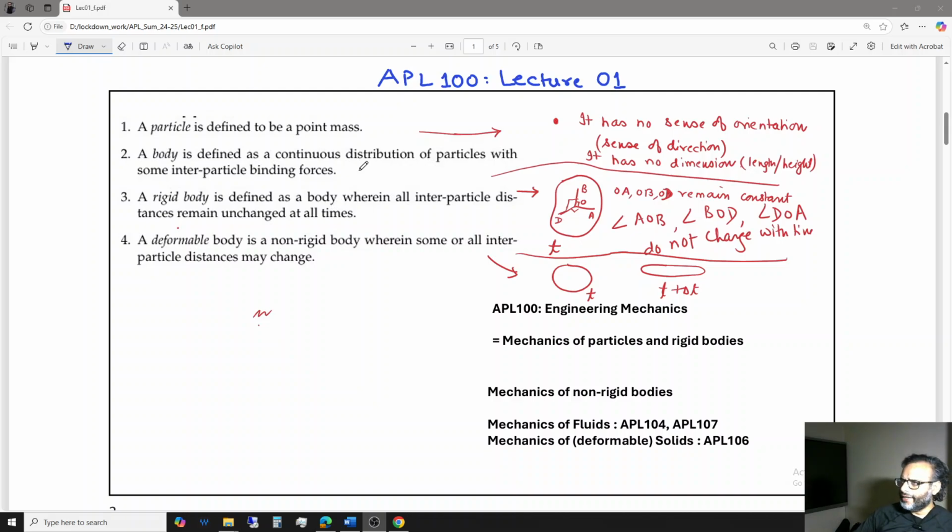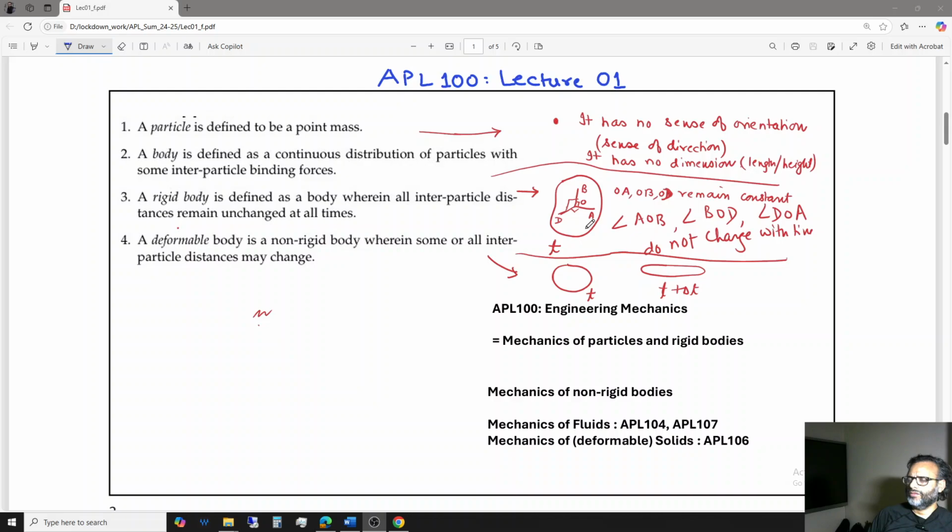I have drawn a diagram here where I am showing a rigid body, and in that rigid body, suppose we identify 4 points, point O, point B, point A and point D, such that the line segments connecting O to the other 3 points A, B and D are mutually perpendicular.